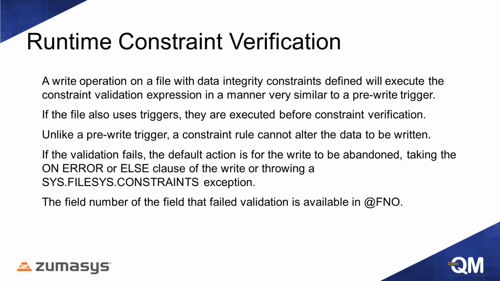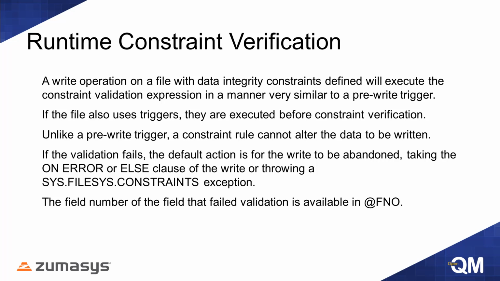So what happens at runtime? A write operation on a file with data integrity constraints defined executes the constraint expression in a manner very similar to a pre-write trigger. If the file uses triggers as well, they're executed before constraint verification. And unlike a pre-write trigger, a constraint rule can't alter the data that's being written. It simply checks it complies with whatever rule we've determined.